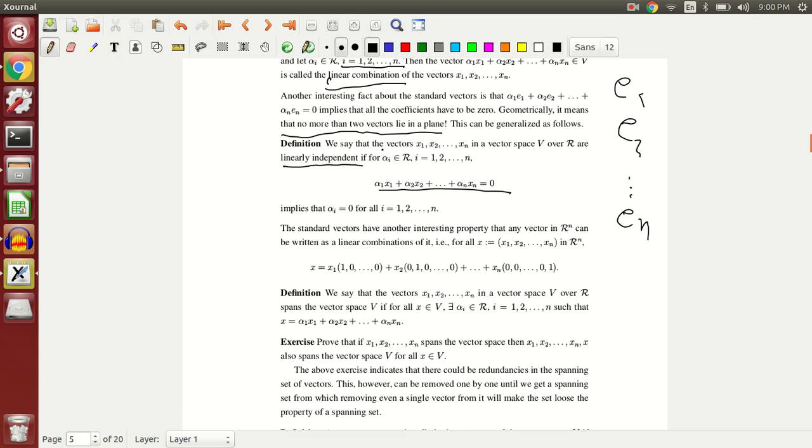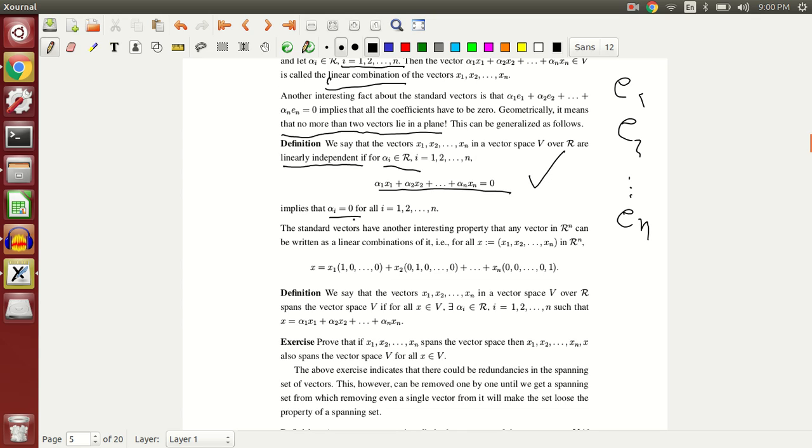Here alpha i is again defined as a point on the real line, where i takes the value from 1 to n. For this notion to be true, all alphas have to be 0. That's the only way it can be independent.